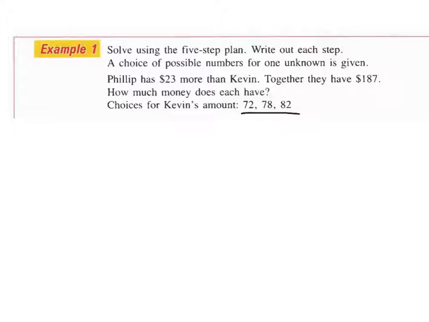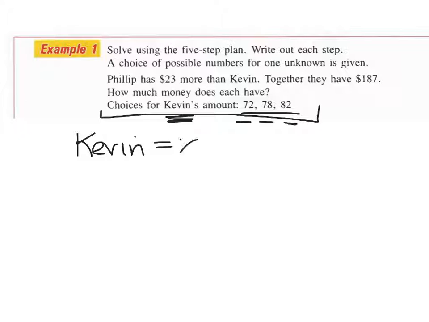Notice in my given domain here, it's telling us that the choices for Kevin's amount are either 72, 78, or 82. So that should be a clue right here when they're giving you a domain that I'm going to let my variable represent Kevin. So I'm going to define that Kevin is equal to X.